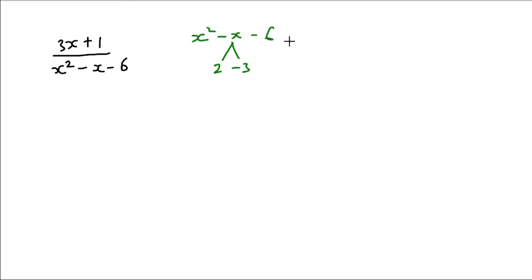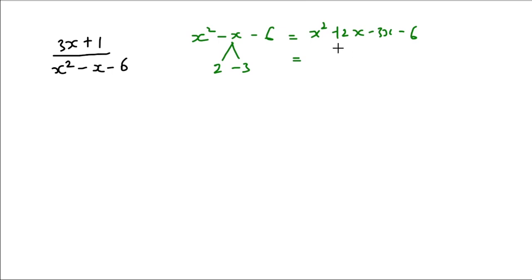So this expression now becomes x squared plus 2x minus 3x minus 6. You can review one of my videos on factorization.